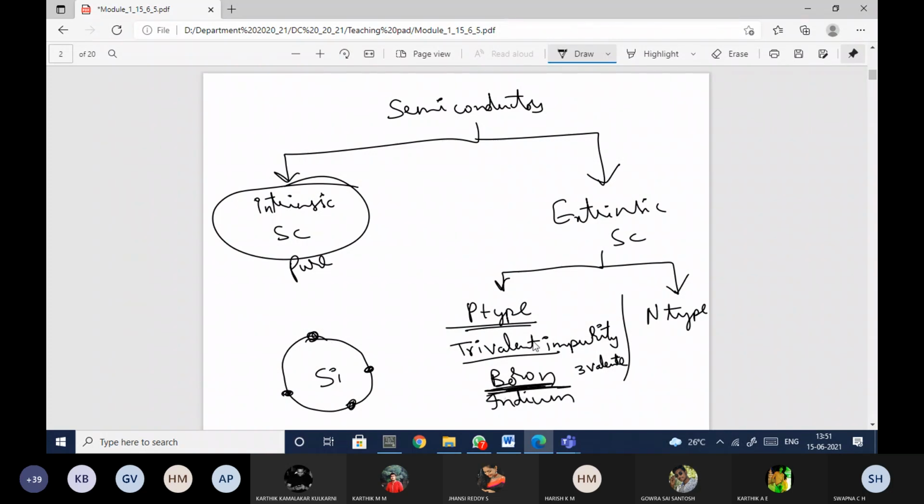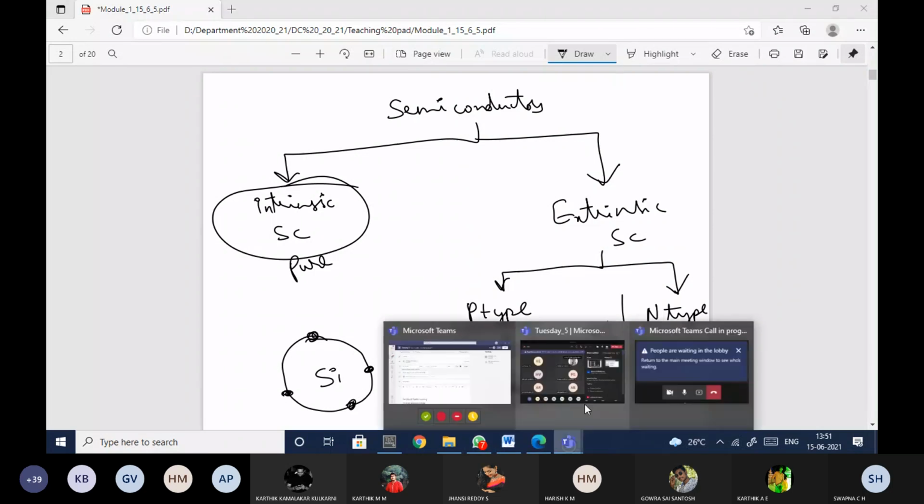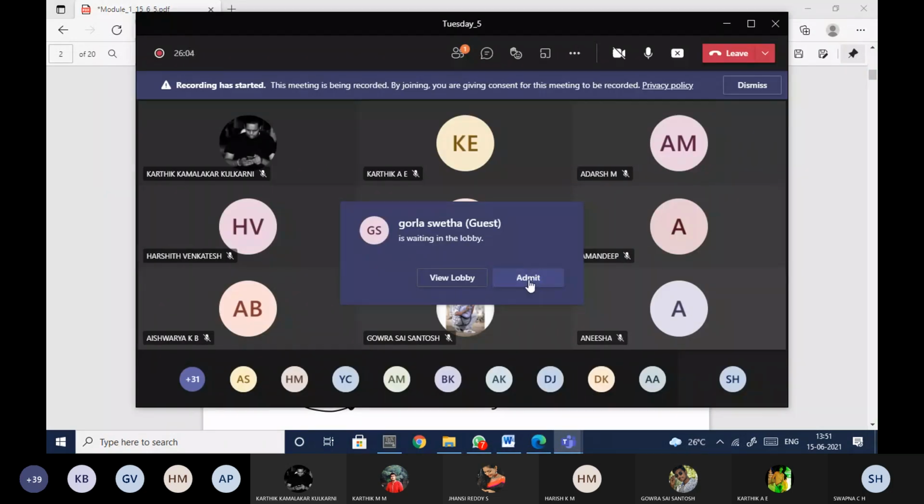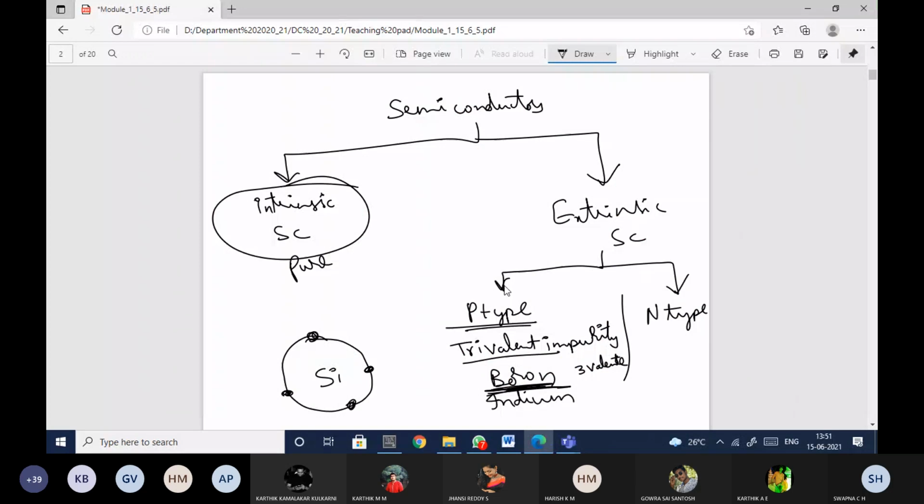Let me consider that I'm adding boron atoms. The 3 outermost shell valence electrons of boron will form covalent bonds with 3 silicon electrons, but it needs one more electron.